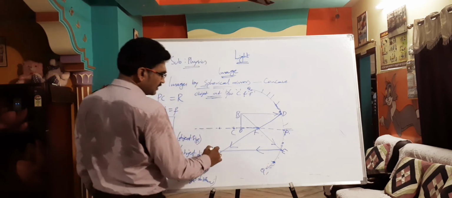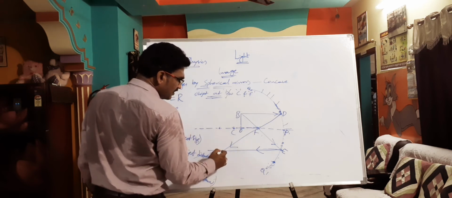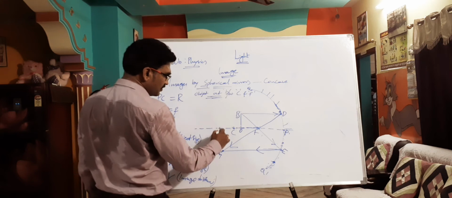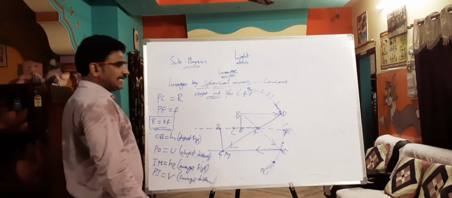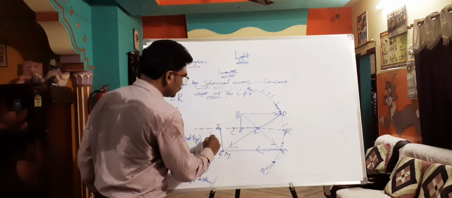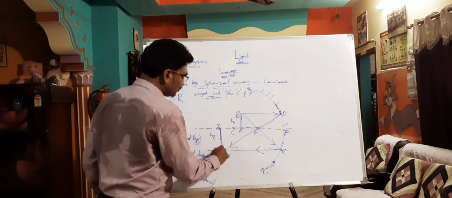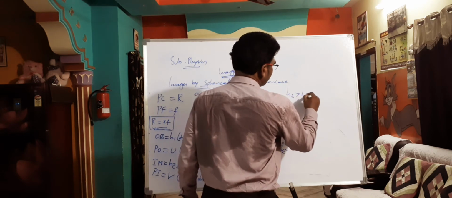Now you see this reflected ray and this reflected ray meet at this point. Then what is this point called? Image point. This is the image point. Then you draw IM as image size. Now you measure object size and image size. This is H1, this is H2. But here you see H2 is greater than H1.